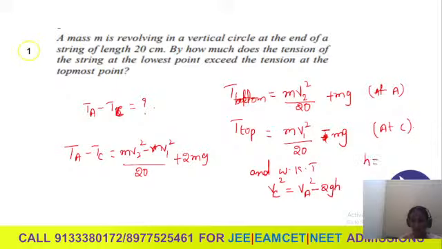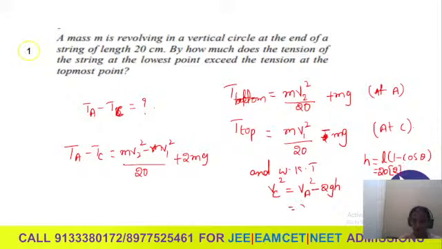H is L into 1 minus cos theta. So it will be equal to L is 20 into 1 minus cos of the top to bottom angle, which is 180. We get it as 2. So it is 40.